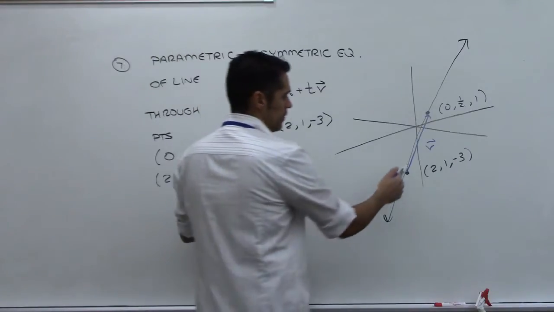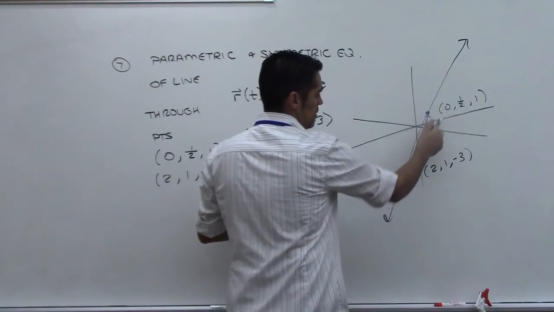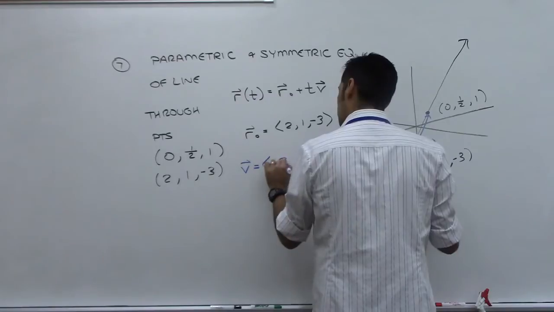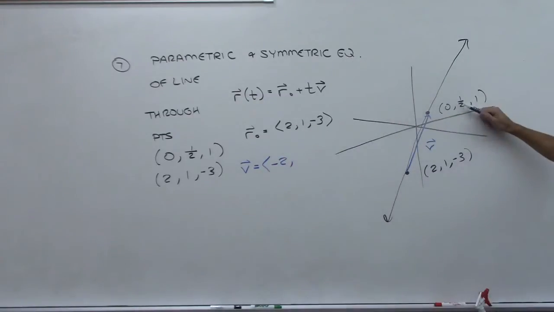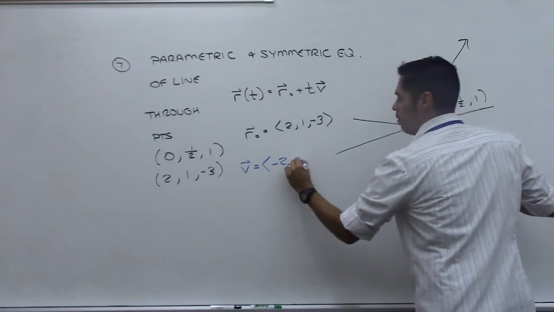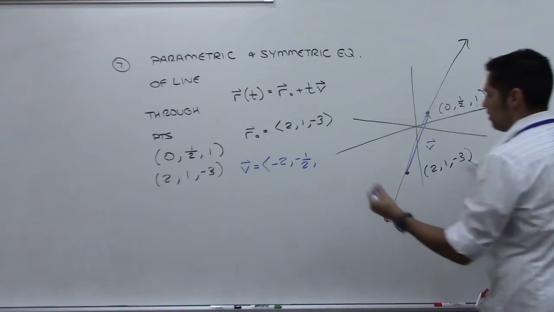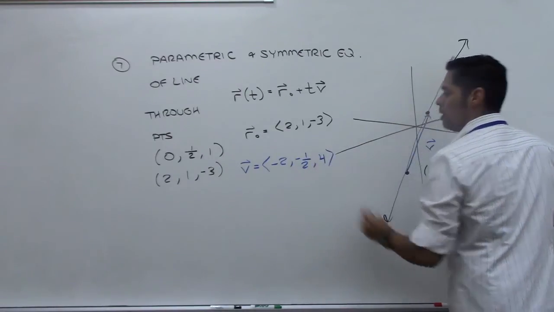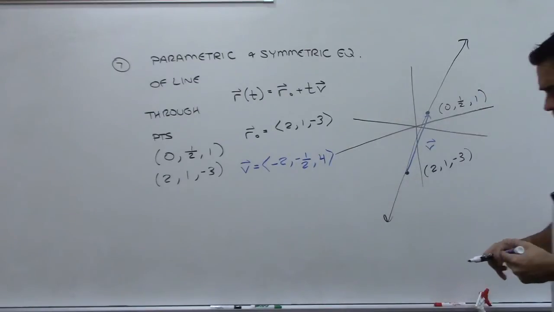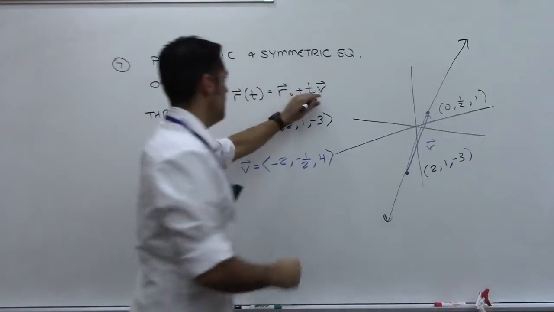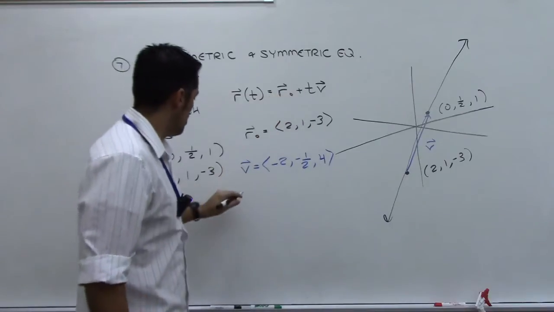We're trying to get the vector from this point to this point. We take 0, we subtract 2, negative 2. We take 1/2, we subtract 1, we get negative 1/2. And we take 1 and we subtract negative 3, which is the same as adding 3, we get 4. So there's your direction.